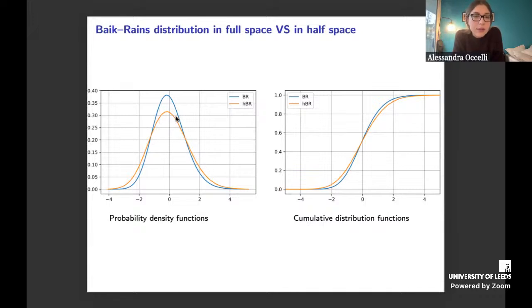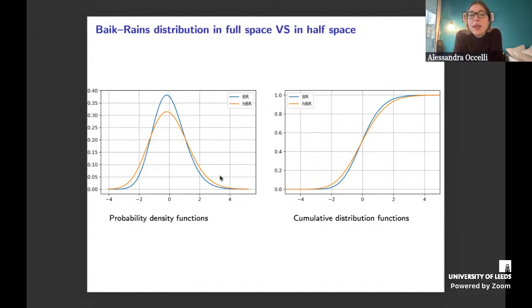It can be shown, for example, that the average is 0 in both cases, and you can also find expressions for the tails. Here, for example, the right tail will decay as exponential of minus 2/3 of x to the power 3/2, and the left tail will be e to the minus x cubed divided by 24.